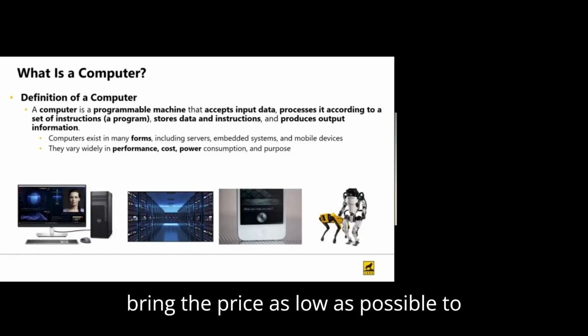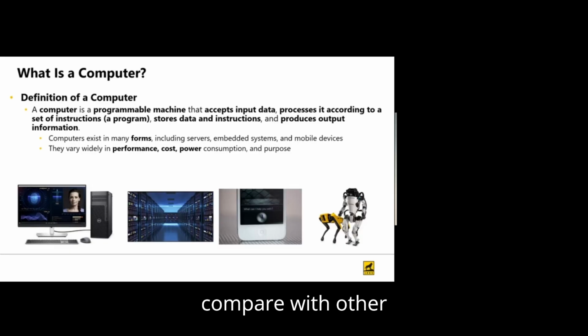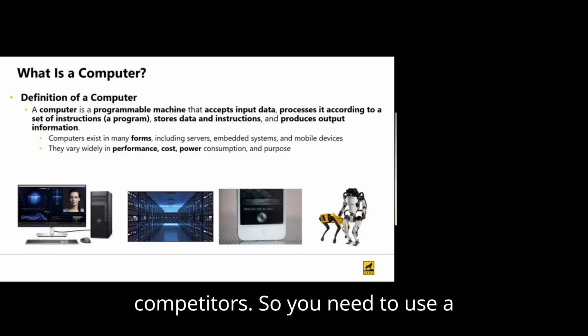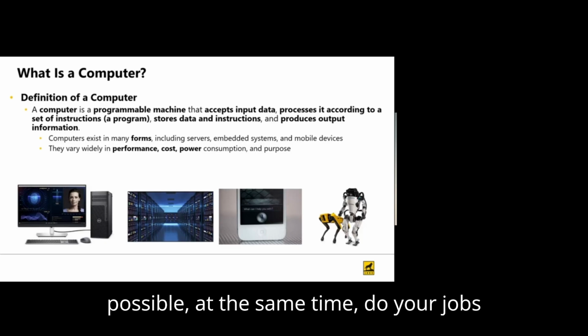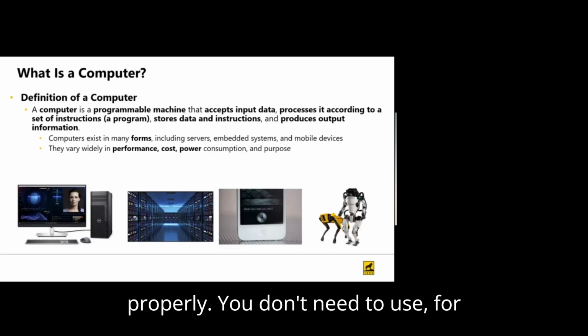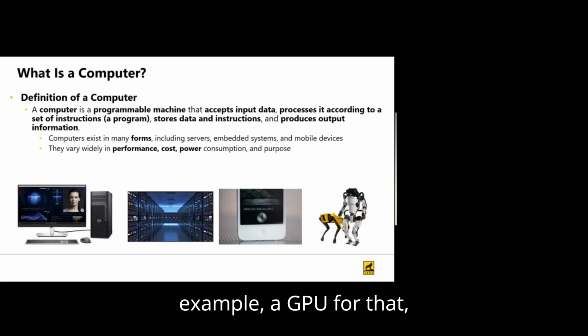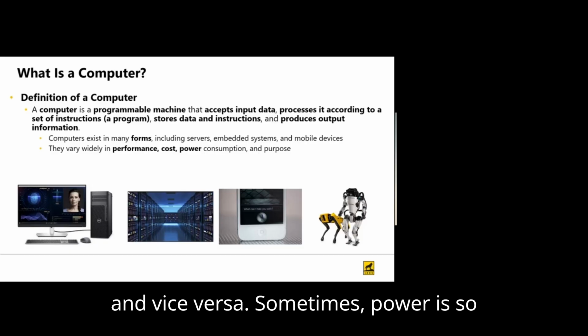You need to bring the price as low as possible to compare with other competitors. So you need to use a CPU or processor that is as cheap as possible, and at the same time does its job properly. You don't need to use, for example, a GPU for that, and vice versa. Sometimes power is so important.